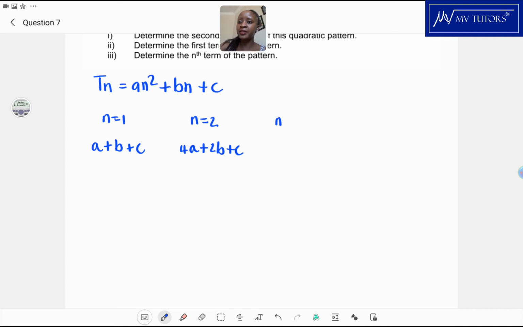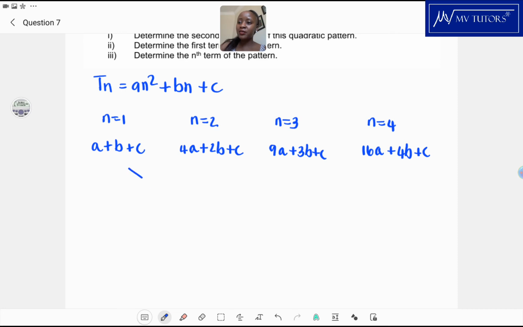If I have n equal to 3, I would have 9a plus 3b plus c. And if I have n equal to 4, I would have 16a plus 4b plus c. Okay, so that is the first row.